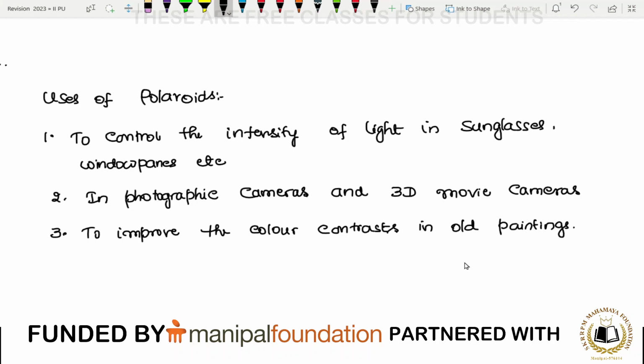In these places Polaroids are used. What is a Polaroid? Polaroids are the devices used to produce plane polarized light.